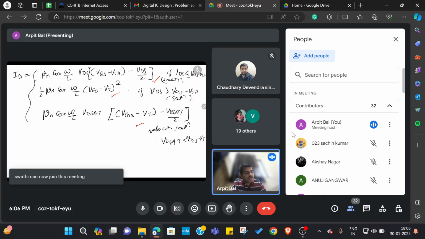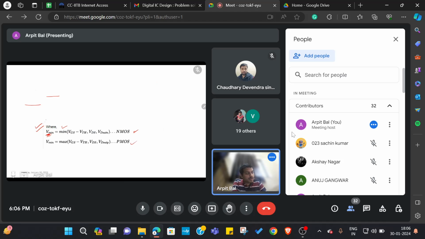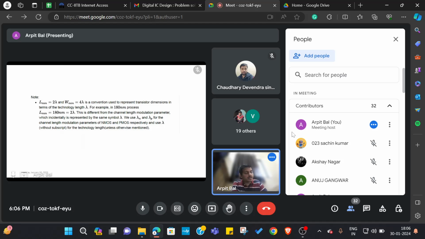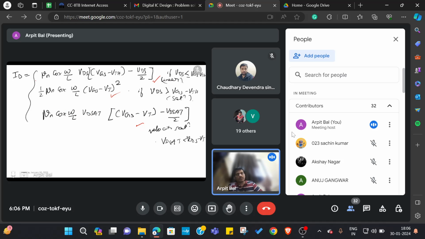But basically all the three equations actually can be written in this format. In each of the cases we are actually replacing the V min, and if we replace the V min term in each of the cases, then we can arrive at this equation. So you can try this one out.